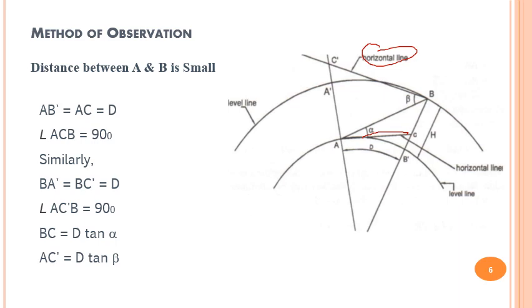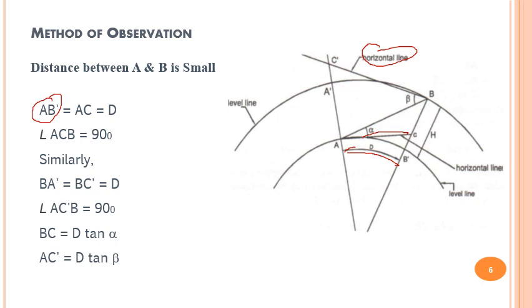Now AB dash is equal to AC is equal to D. AB dash is equal to AC because the distance between A and B is small, so there is no requirement for corrections for refraction and curvature.